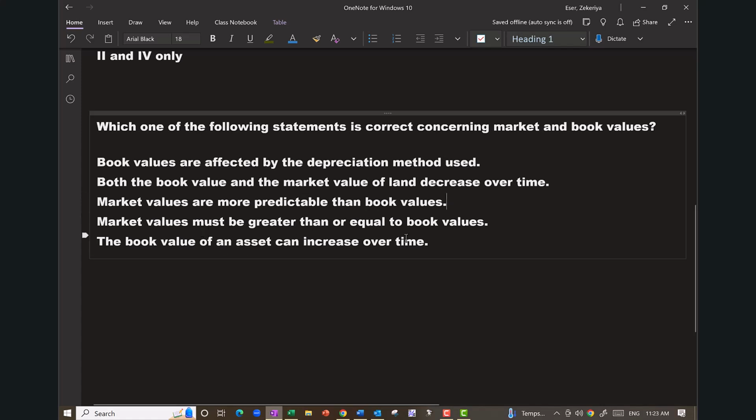Market values must be greater or equal to book values. The example I gave just belied that. And there is no such thing. In general, in real estate, that is true, but for depreciating assets especially, that's not. I bought this computer about 4 years ago, and I paid $1,300 for it.